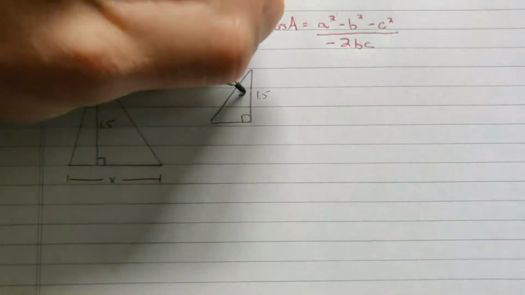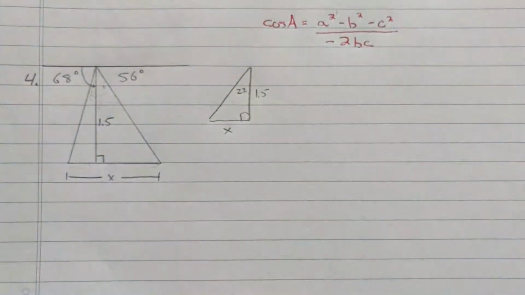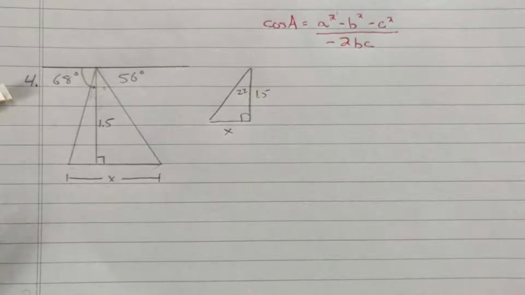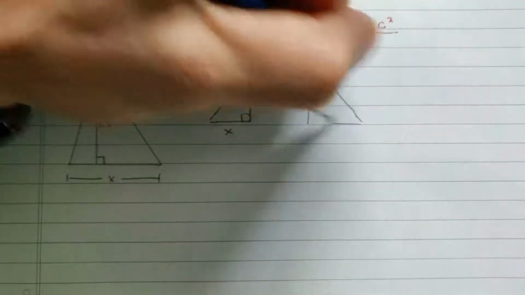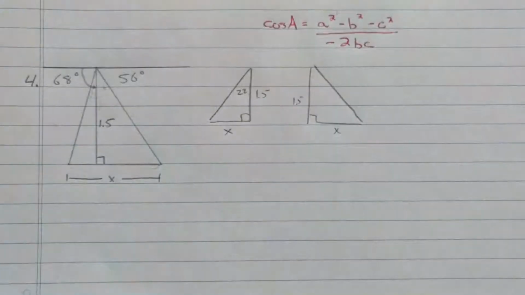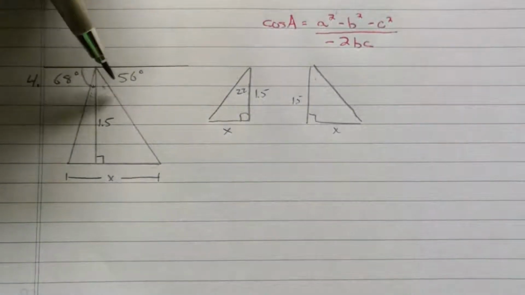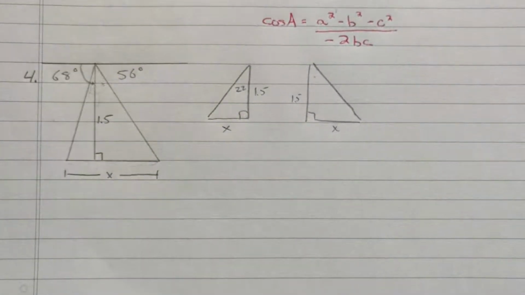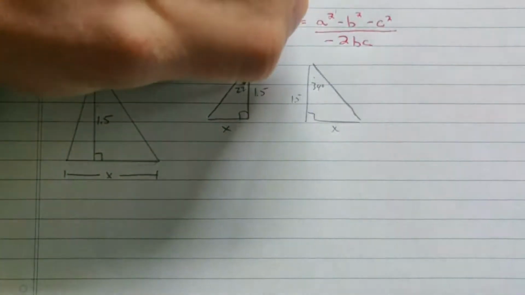So we have a 22-degree angle in this triangle, 1.5, and we're looking for x. And in the other instance, we have the same 1.5 as the height. We're looking for that x. There's a right angle. And then this angle in here is the 56, and then the remainder up to 90. So we do 90 and take away 56, and that's going to give us our 34 degrees for that one.